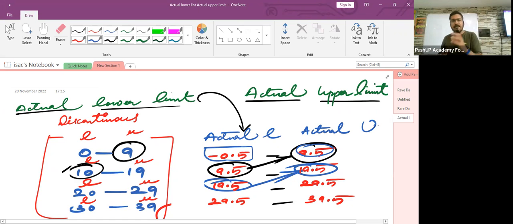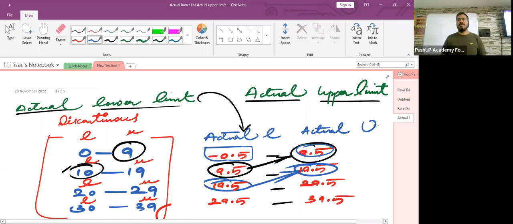But in the case of discontinuous class intervals, we have this habit of converting them into continuous class intervals. So whatever original table is given to you, there it remains lower and upper limits. But the moment you convert it into continuous class intervals, lower limit will become actual lower limit and upper limit will become actual upper limit.